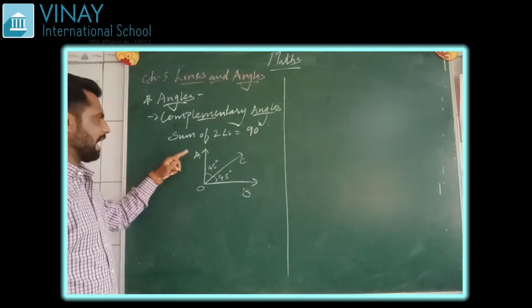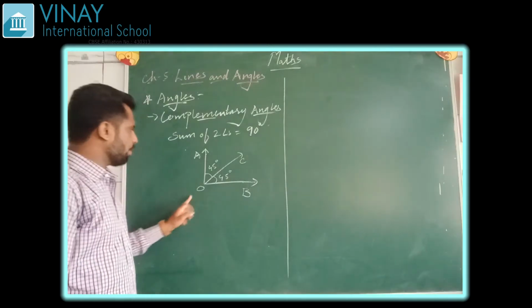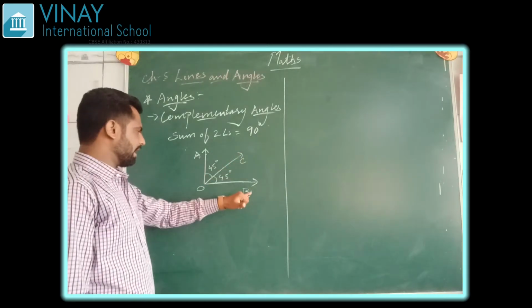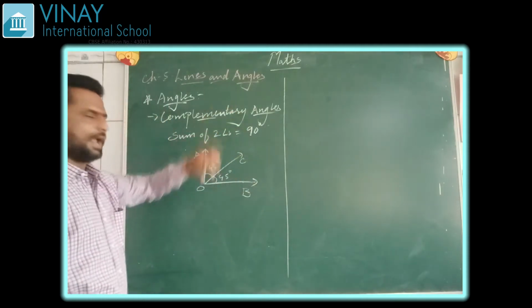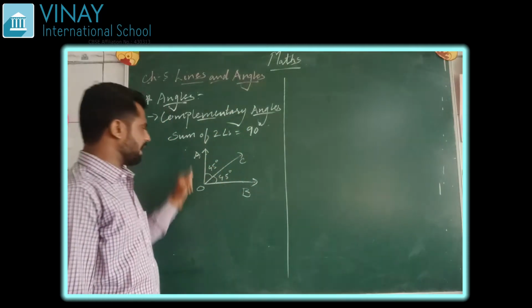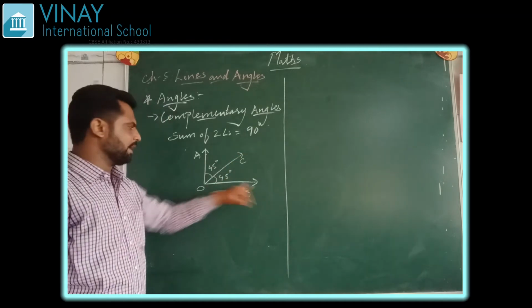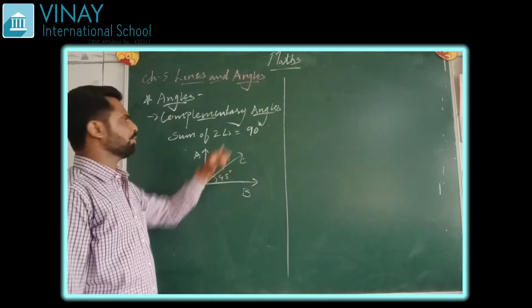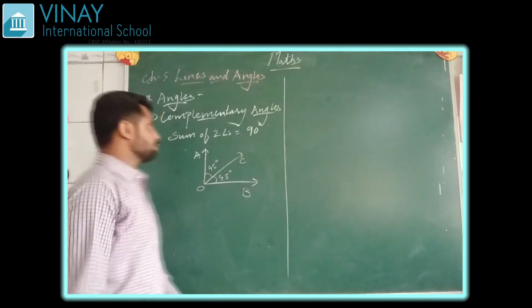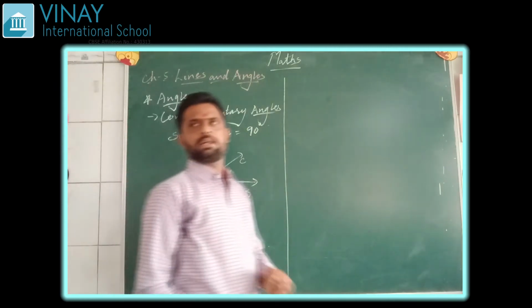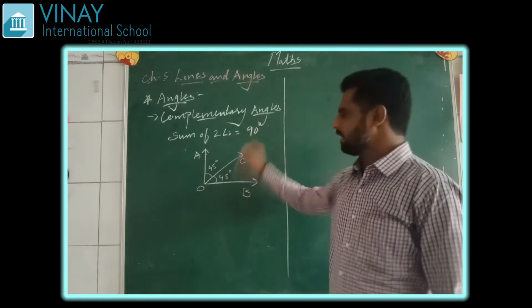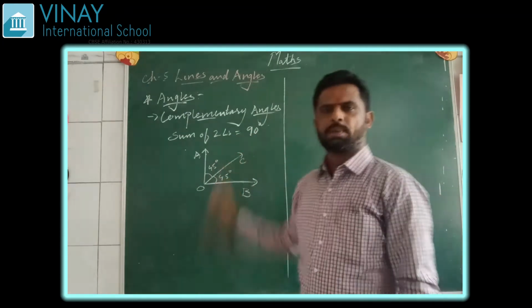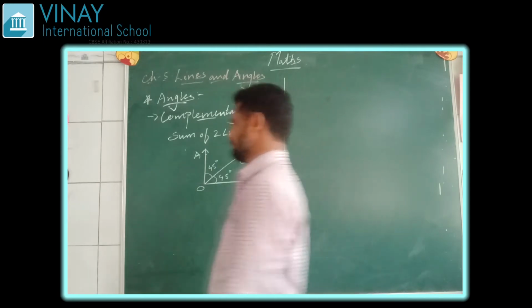Then I can say that angle AOC and angle BOC are complementary angles, as the sum of angle AOC and angle BOC is equal to 90 degrees. So when the sum of two angles is equal to 90 degrees, they are called complementary angles.